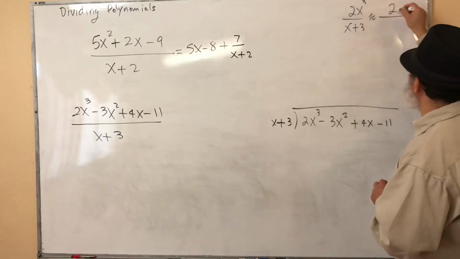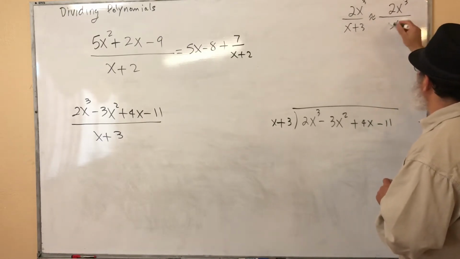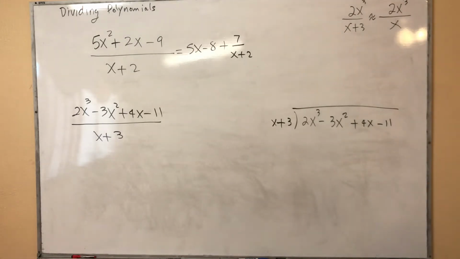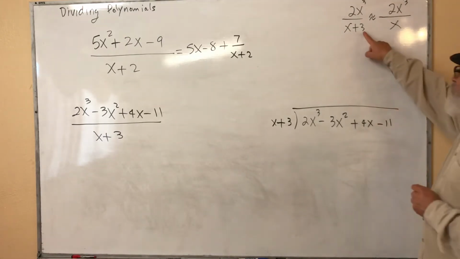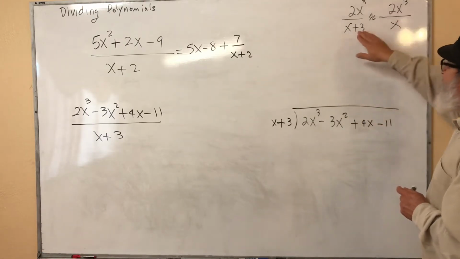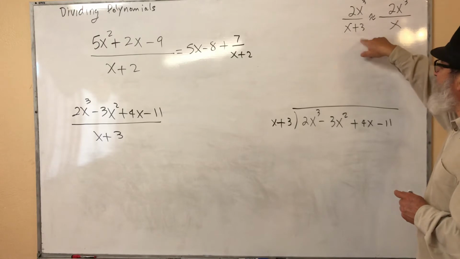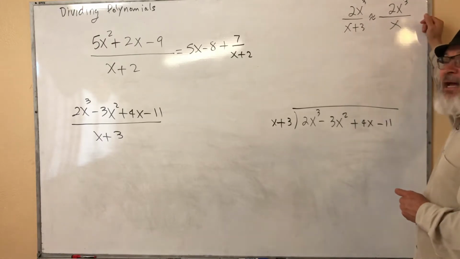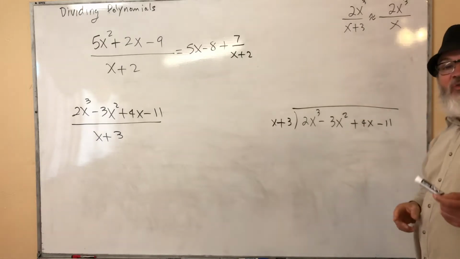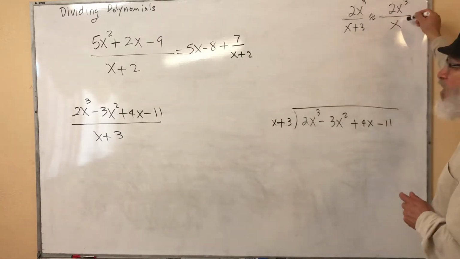So this is 2x cubed divided by x. We can't divide this because of the 3, but if you drop it, you can. So what's 2x cubed divided by x? Isn't that 2x squared?